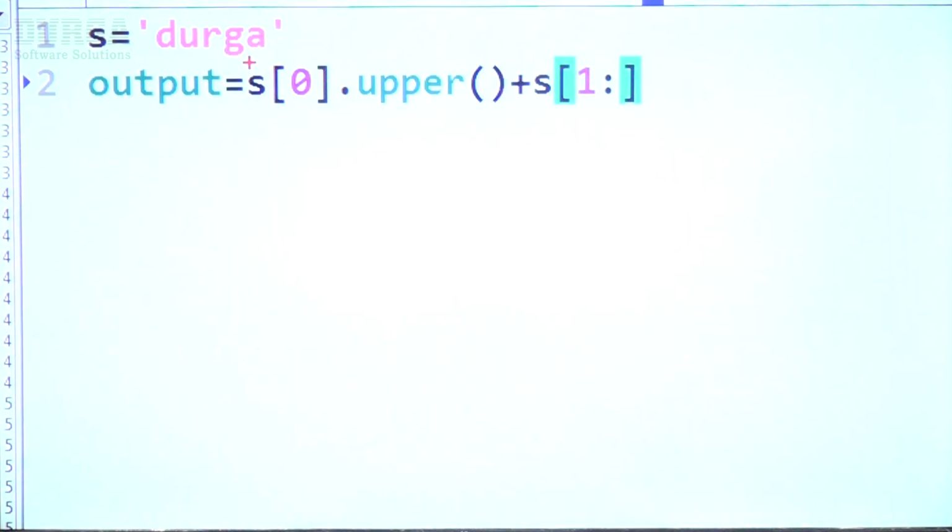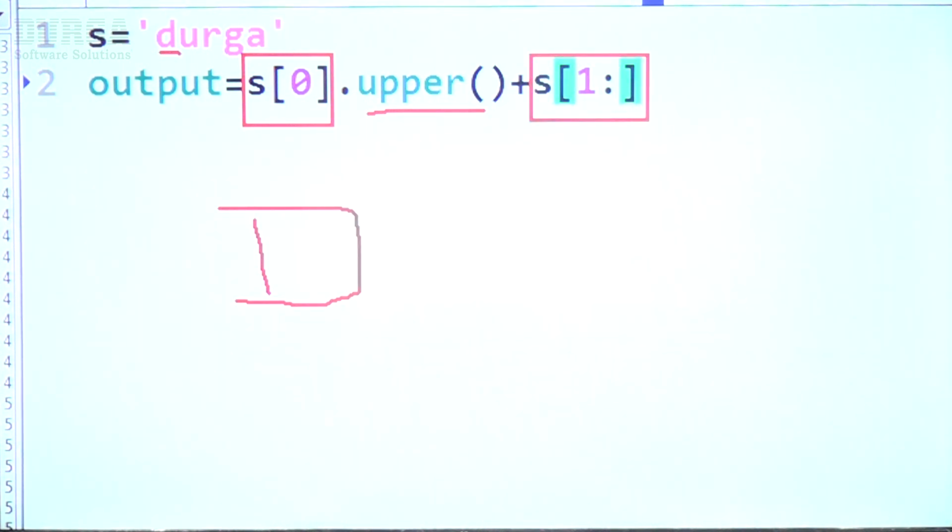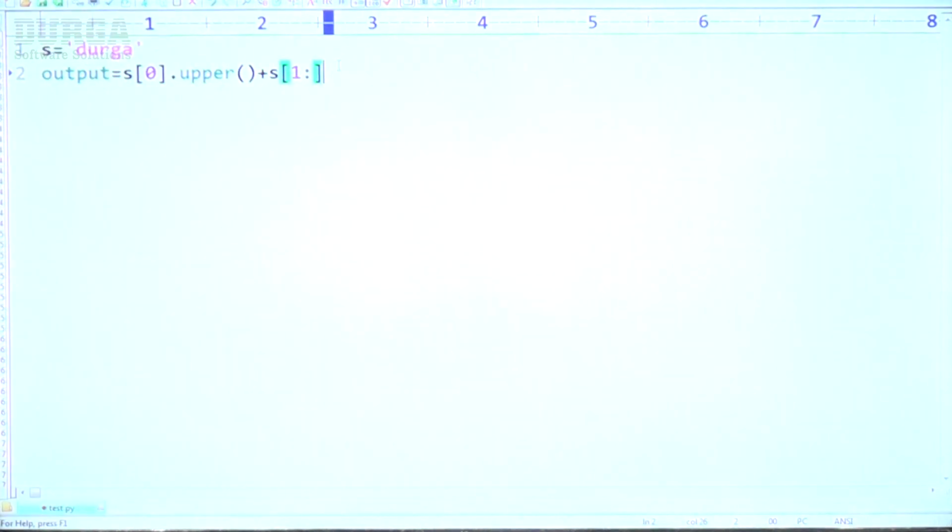Have you observed? s of 0 means d, and upper gives capital D. Plus s of 1 to the end of the string: index 1 means u onwards until the end, so urga. If I print output, what answer are we going to get?